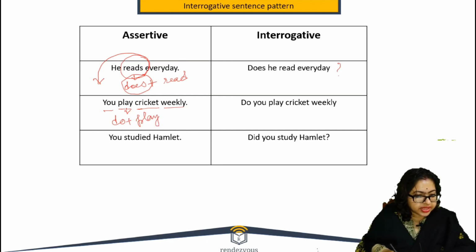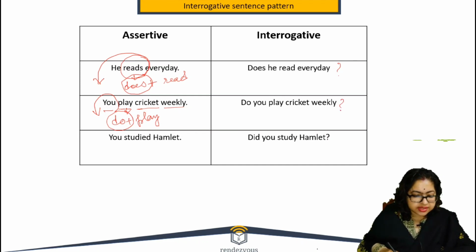So do is again the auxiliary here, and I have to shift this auxiliary before the subject, which is you here, to make this assertive sentence into an interrogative one, and the sentence becomes, do you play cricket weekly?